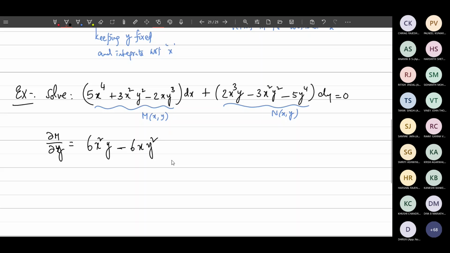And similarly, N with respect to x means y is constant.